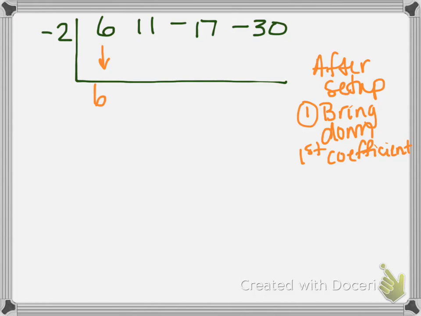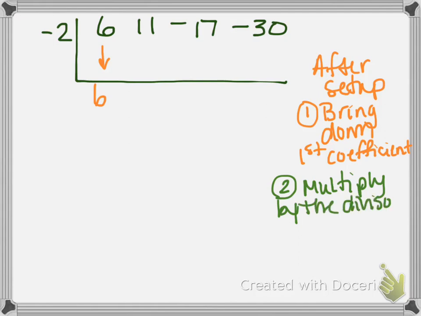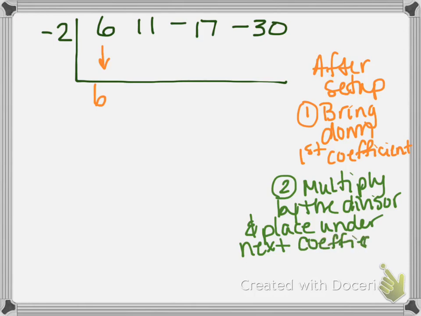Second step: multiply by the divisor and place under the next coefficient. So I take the 6 and multiply it by the divisor.